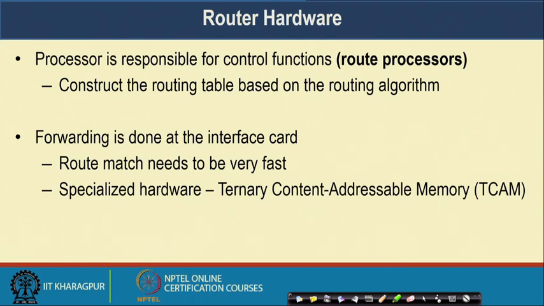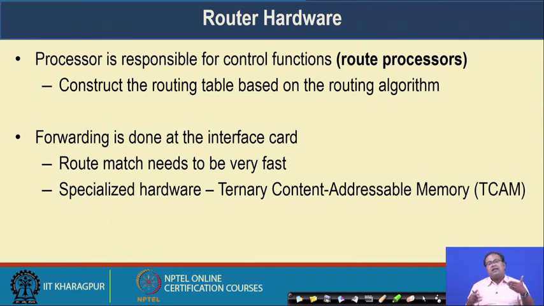The forwarding is done at the interface card, because the interesting design choice is that, as I mentioned earlier, your control functionality is not so frequent, whereas your data functionalities are very frequent. That is why we generally implement the control functionalities as software, whereas the data functionalities are implemented in hardware.